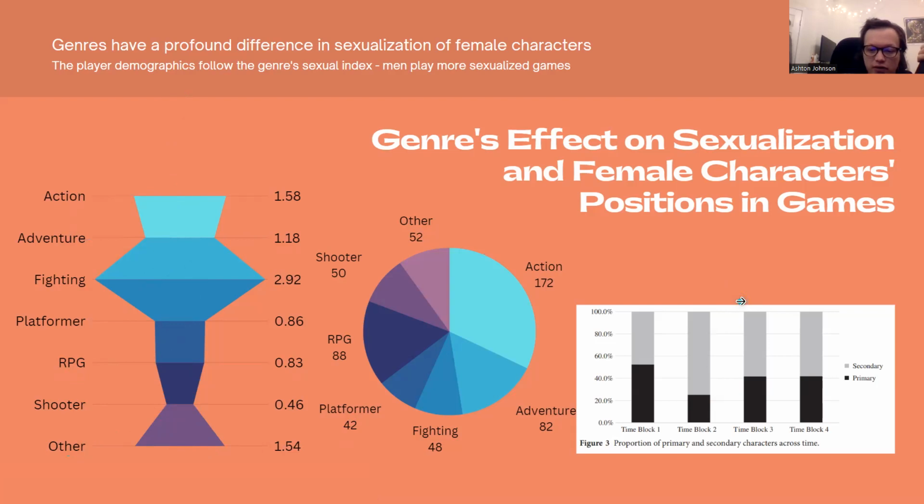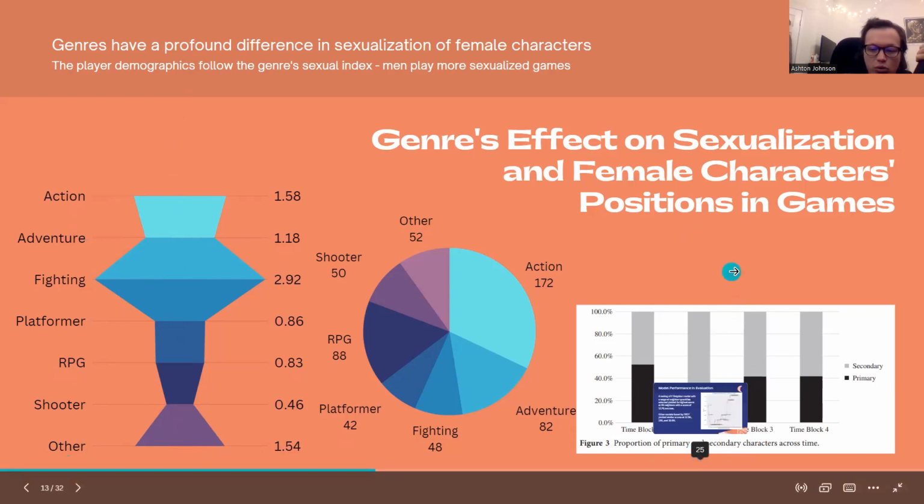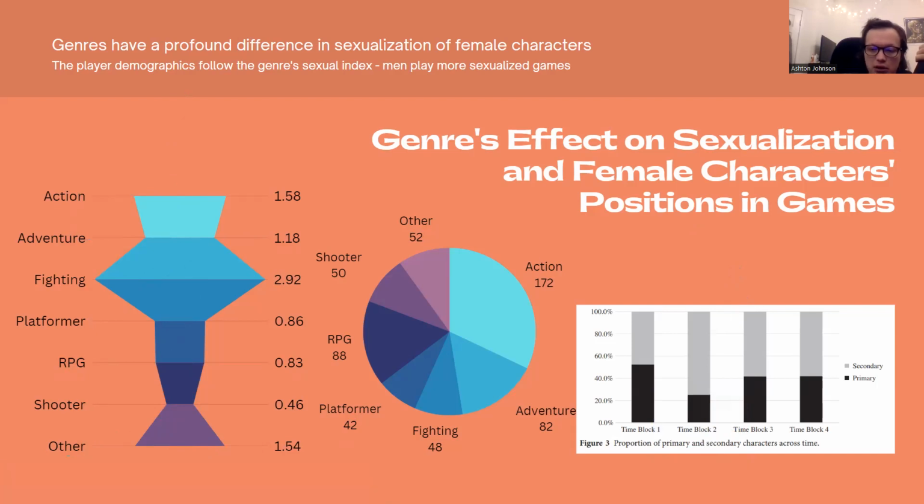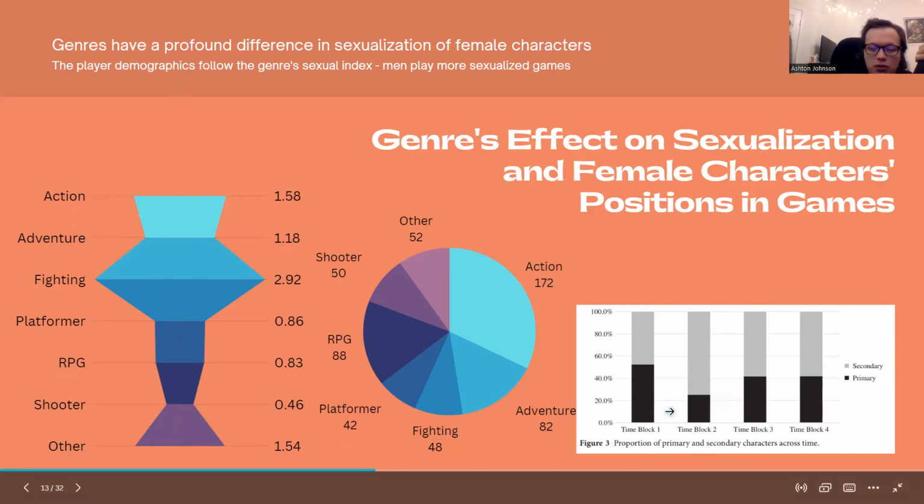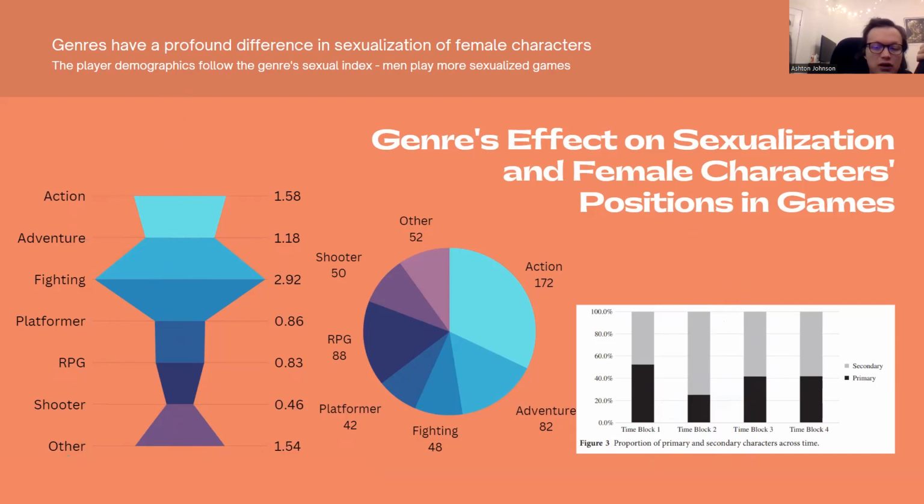This other graph over here is the proportion of primary and secondary characters across time. This is a look at whether or not the female character in these games is a protagonist or primary, so you play as them and it's one of the main characters, or secondary, you might play as them a little bit, or you never play as them but they're around a lot.